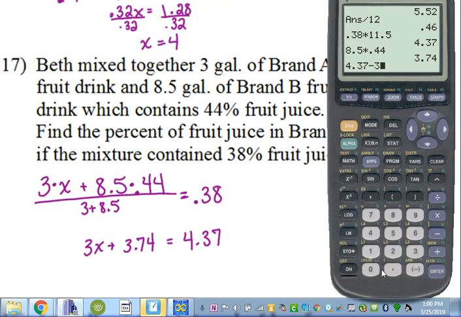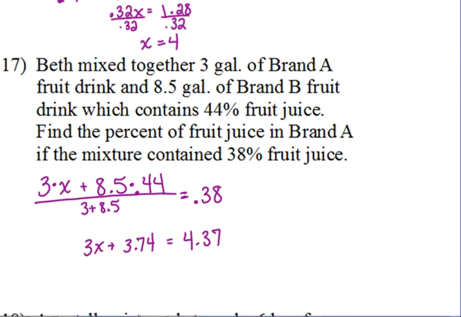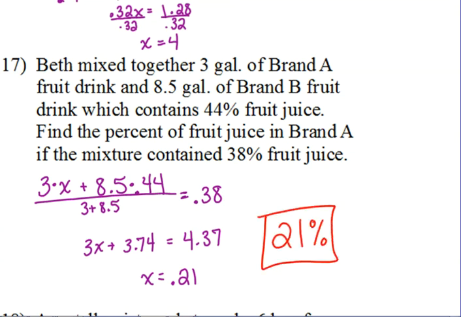So subtract the 3.74 and divide by 3. It's 0.21. X is equal to 0.21. So X was referring to a concentration. Convert that to a percent. 21% fruit juice in brand A.